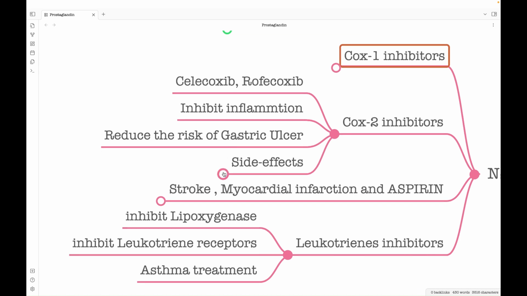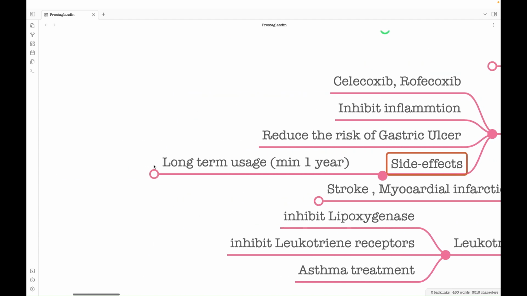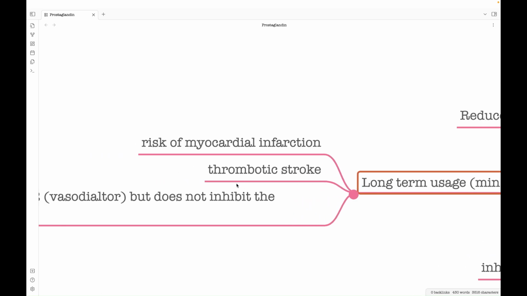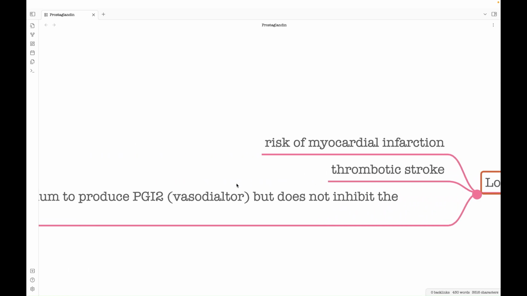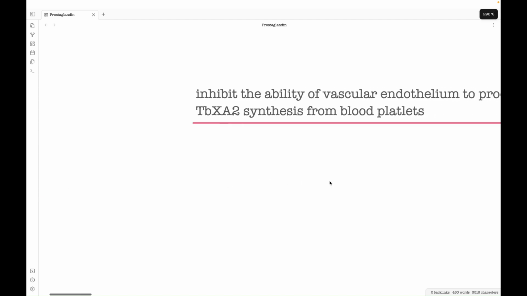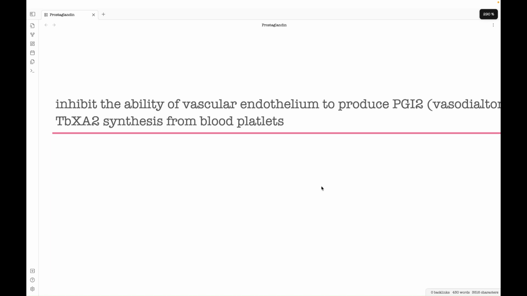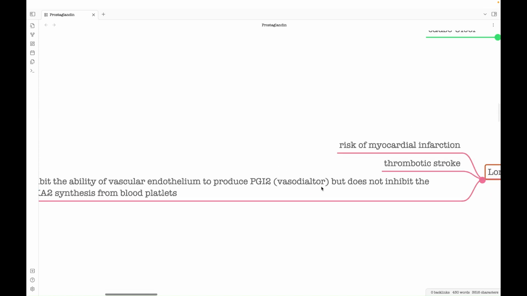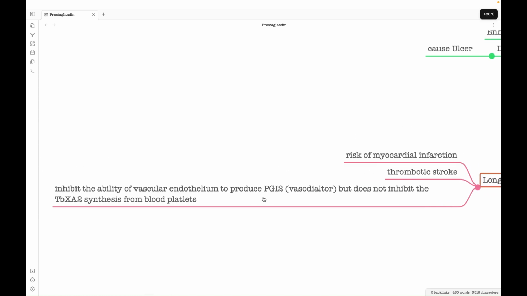They can reduce the risk of gastric ulcer, as I have already mentioned, but unfortunately they have more side effects. If we take this kind of COX-2 inhibitor long term, for a minimum of 1 year, it can cause risk of myocardial infarction and thrombotic stroke. These COX-2 inhibitors also inhibit the ability of the vascular endothelium to produce PGI2, which is a vasodilator, but they don't inhibit thromboxane synthesis from the blood platelets.